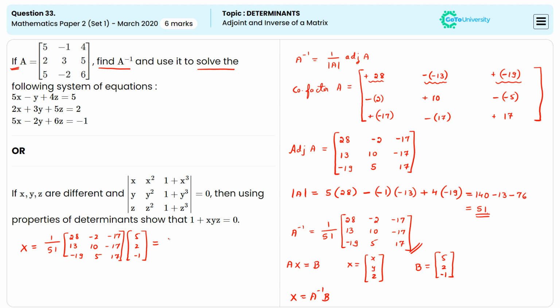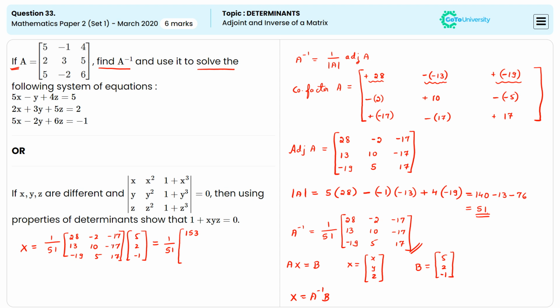Now let's simplify this, which is going to be 1 over 51 times of 28 times 5, which is 140, minus 2 times 2, which is minus 4, minus 17 times minus 1, which is plus 17. So on simplifying 140 minus 4 plus 17, we get 153 as the first value. Next, I'll take 13 times 5, which is 65, plus 10 times 2, which is 20, minus 17 times minus 1, which is going to be plus 17.